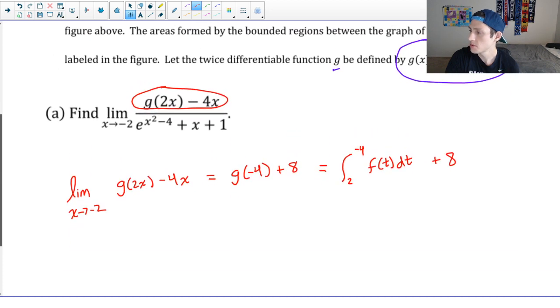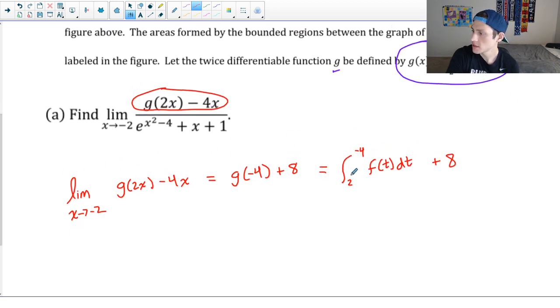Now there's kind of some trippy business here with the bounds. Notice that the higher bound is actually the lower bound, right? +2 is greater than -4.